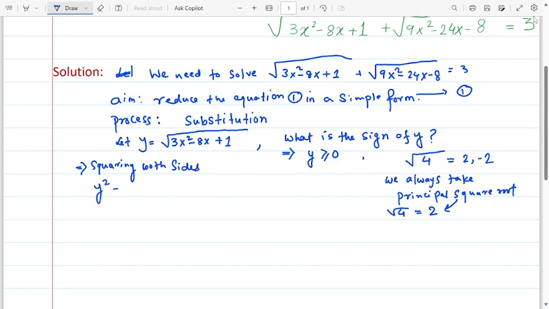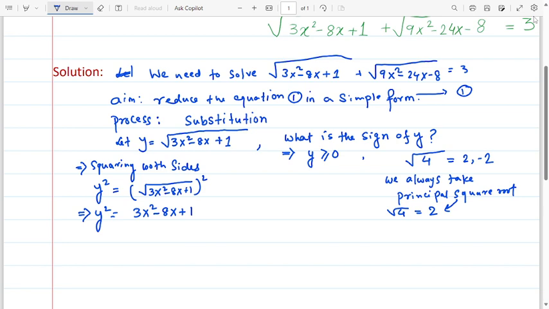That is y square equal to the square root of 3x square minus 8x plus 1, whole square. How do we get it? Simple square. And what will it become? This will be y square and the square root will be removed. That means 3x square minus 8x plus 1.